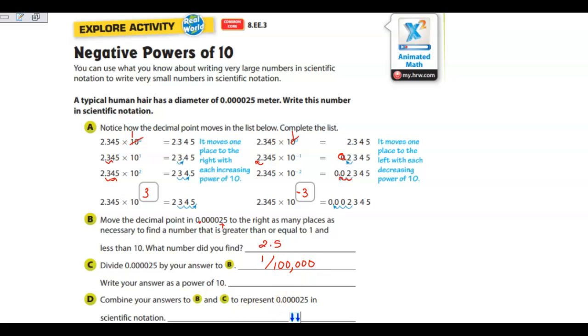So 100,000. 1 in 100,000. As a power of 10, it would be 10 to the negative 1, 2, 3, 4, 5.